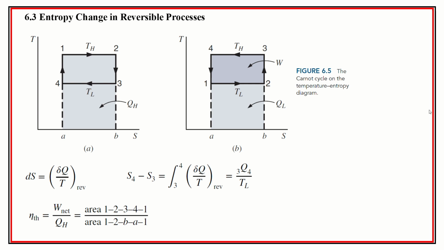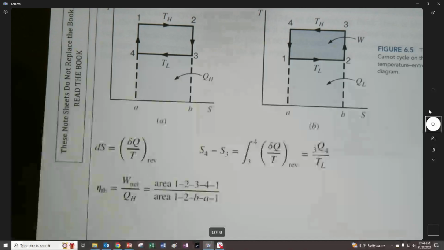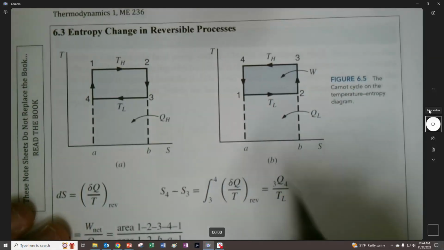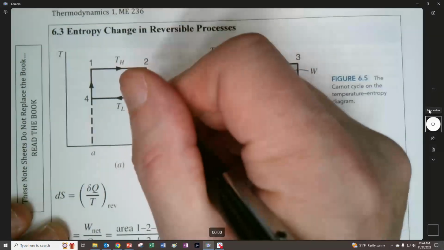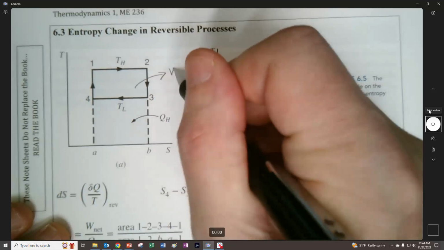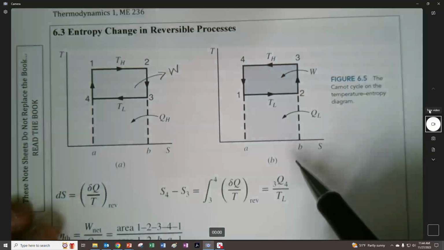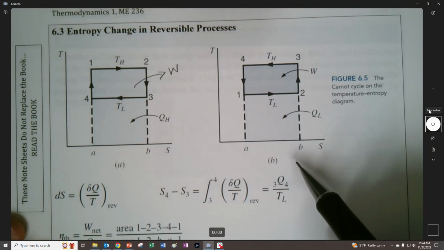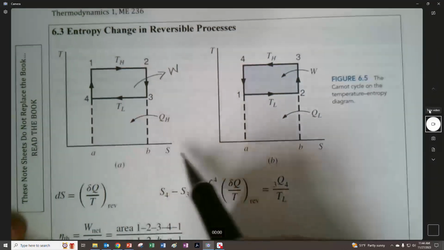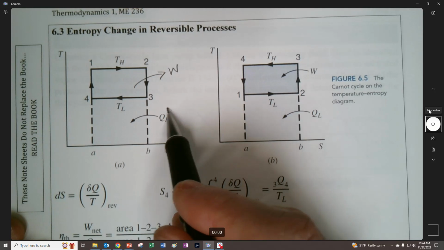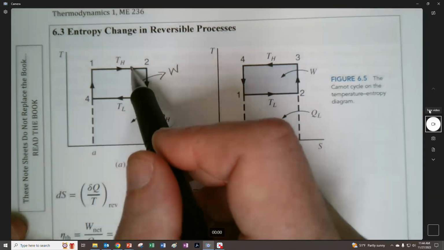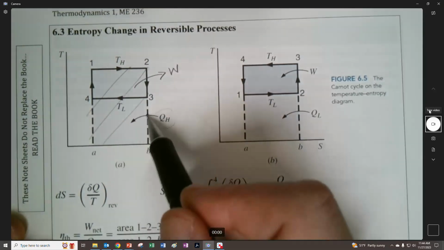Let's see, I'll go back to the camera, I guess. So we could say when we're right here, this process, this is the work out. But we recall that we have Q in. They're showing this as H right here, but that H should apply to this whole thing right there.